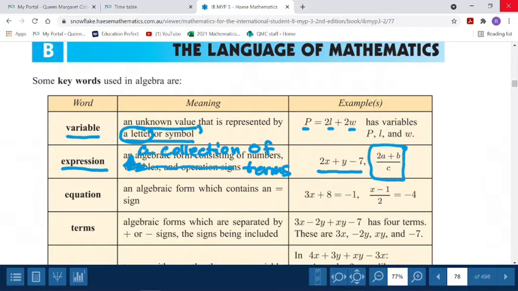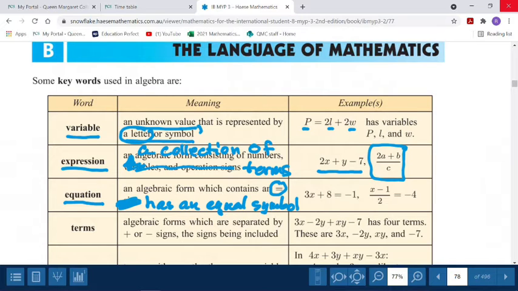And that brings us to the next one, which is something called an equation. And you can tell that it's an equation simply because it has an equal symbol. Now, you can call it a sign if you want to, but we've learned what signs are. Signs are positives and what? Negatives. This thing is not a sign.